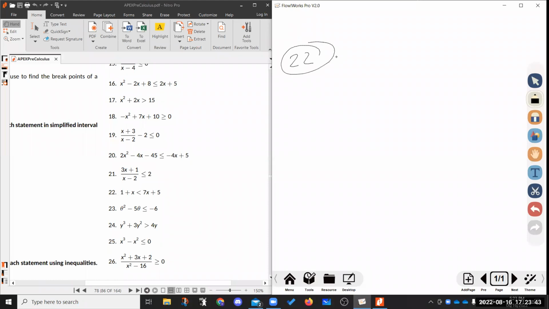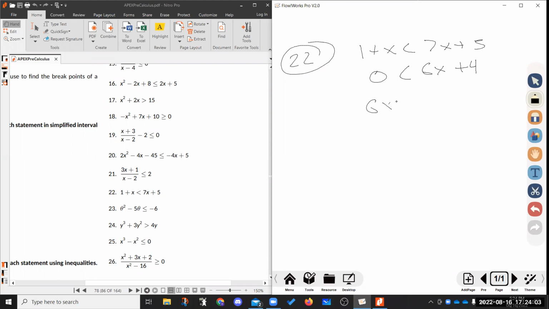22 is going to be 1 plus x less than 7x plus 5. Let's just show you something. If I get 0 on this side, that's going to be 6x plus 4.